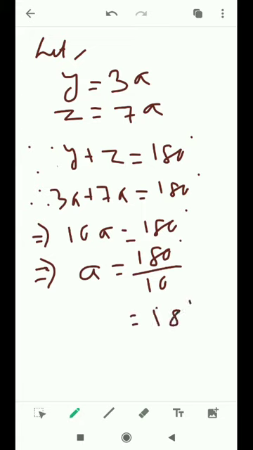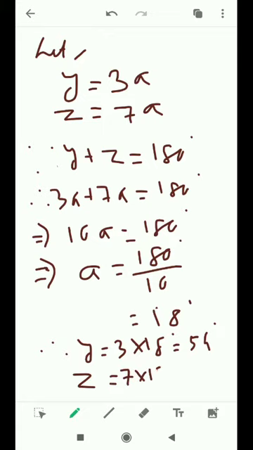Now we have 18. So Y is equal to 3 into 18 because 3a was there. So we get 54. And Z is equal to 7 into 18, which means 126.